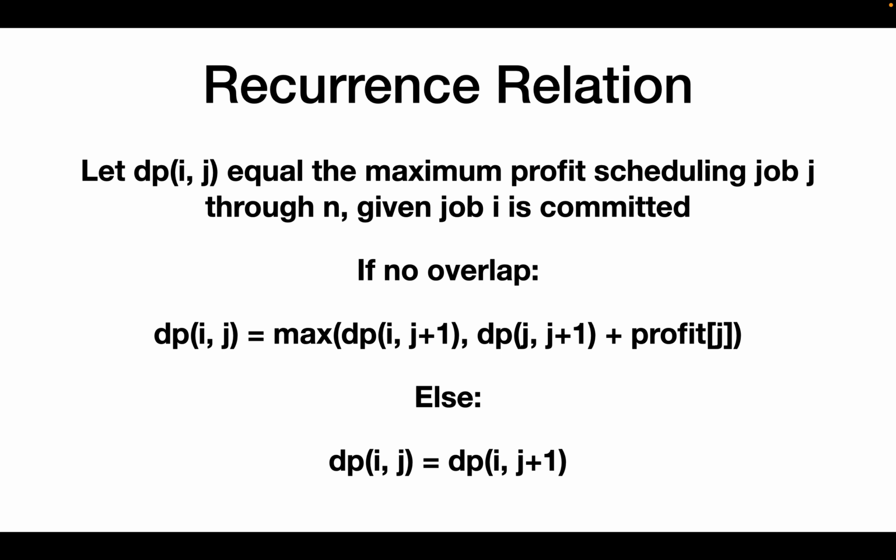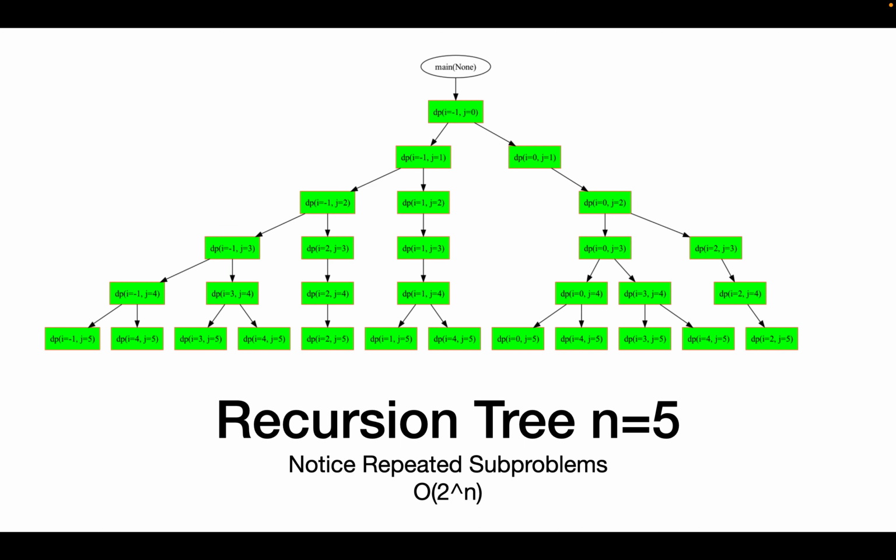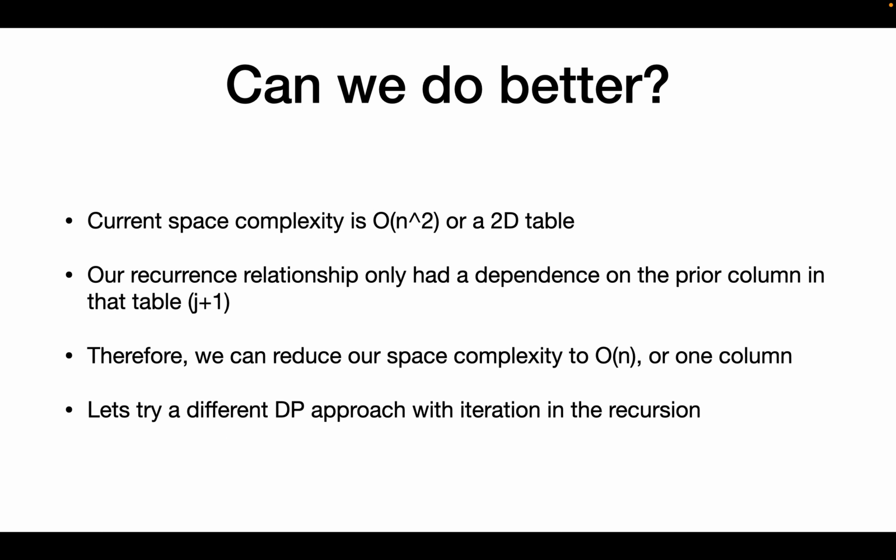It's looking at different elements in that row, but it's looking at the same column. So we don't need a full table at any one point in time. We only need a row. So that's going to be proof that we can improve space. So let's try to approach the question a little differently.